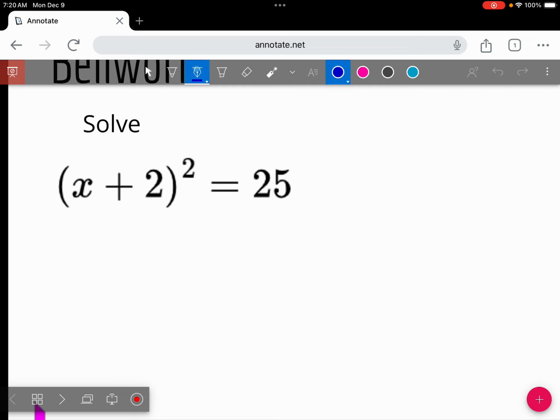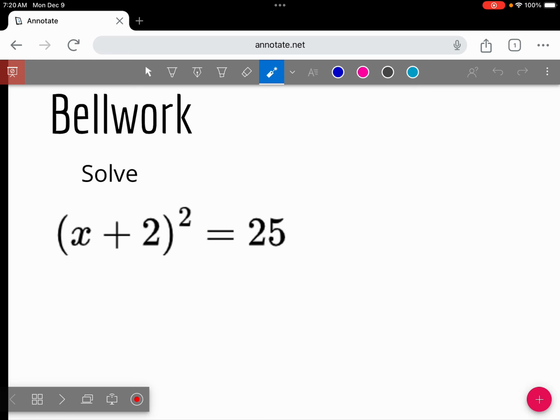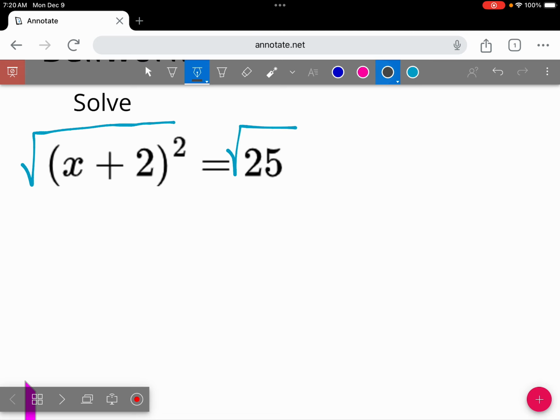Our thing with the power is already by itself. It's already isolated. So I want to get rid of the square, and we do that by square rooting. When I square root both sides, my square and my square root cancel out.